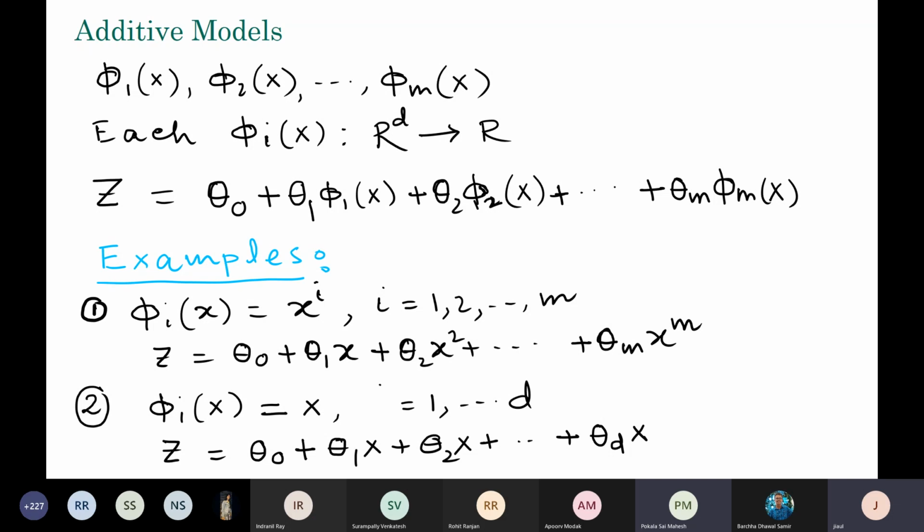Excuse me, sir. Yeah, please go ahead. Sir, I don't understand. What is theta 1 x? Isn't theta 1 some number? Theta 1, yes, these are basically scalar values. Isn't it z equal to theta 0 plus theta 1 plus dot dot dot till theta d of x?